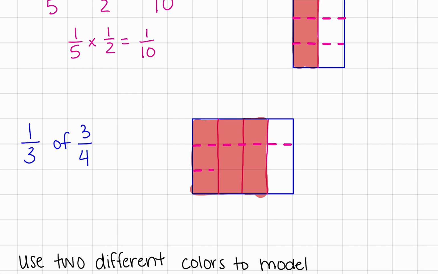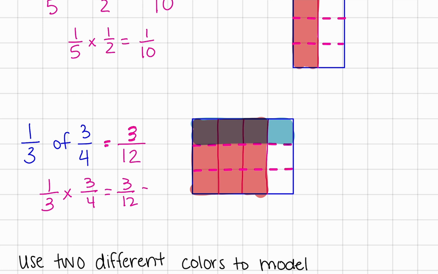And it's so much easier to do when we use graph paper. And I'm going to color 1/3, right? So I've colored 1/3 of 3/4, and I find that 3/12 are colored. So 1/3 times 3/4 equals 3/12.